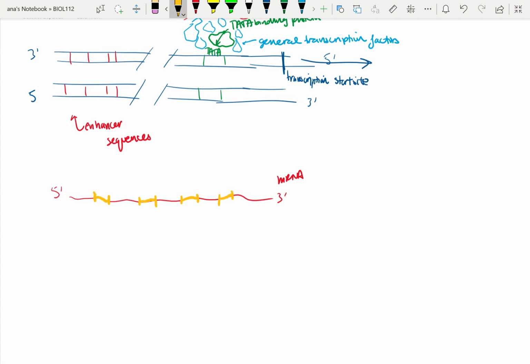So the introns, like we discussed, are segments that are going to be cut out. So these will be removed during processing. The other thing that we mentioned was how the exons, so actually the regions in between the introns, some of those can also be removed.